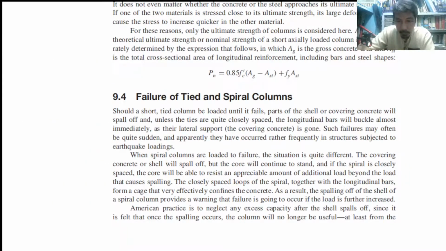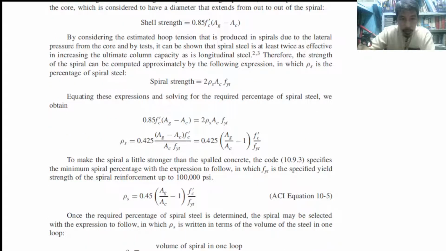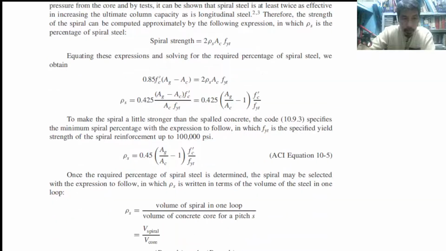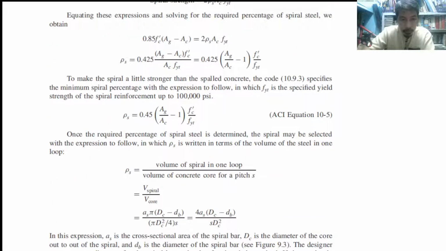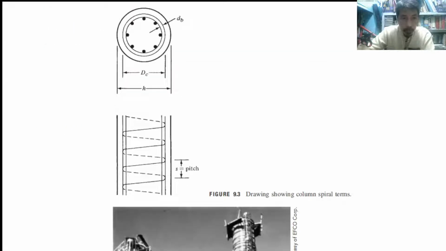So we have, where is the diagram for shell strength and spiral strength? So we have two of these. This one. So we have the diameter of the concrete.